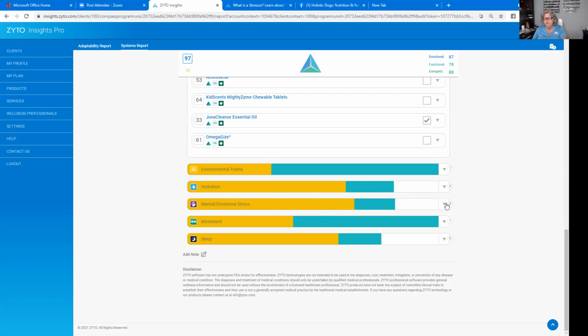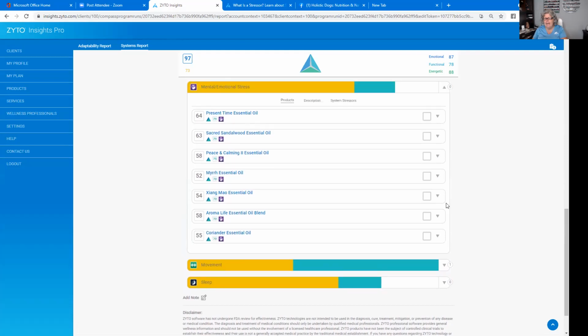Mental and emotional stress. I don't know that this dog really has any other than, excuse me, other than, A, she's not home right now. She does like it here, but she's not home. She got spayed recently. Hormones are changing. And there's been a lot of stress in her house.